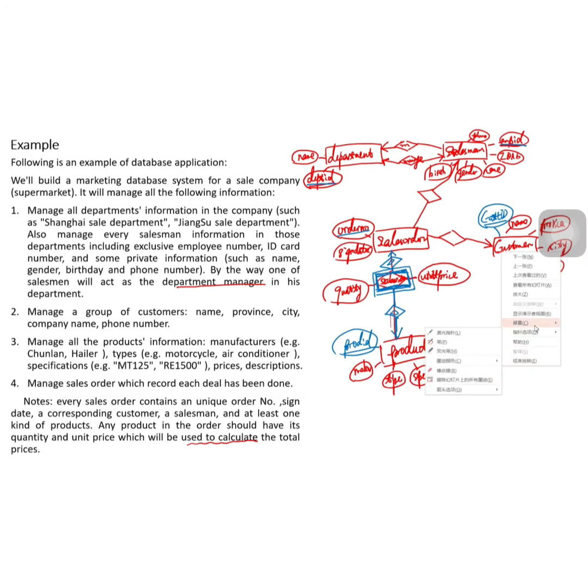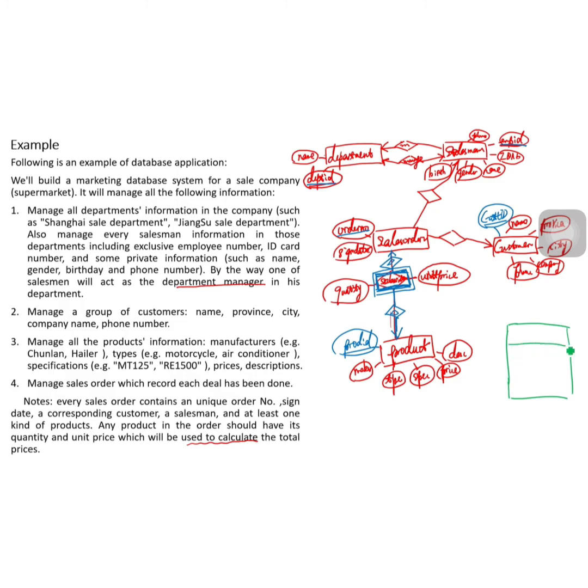If we find sales items, the products in the sales order will be listed like this: 1, 2, 3.